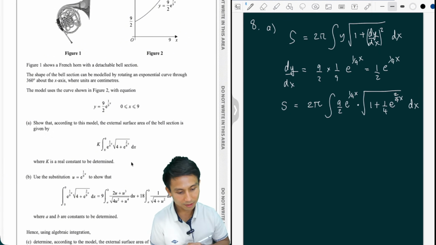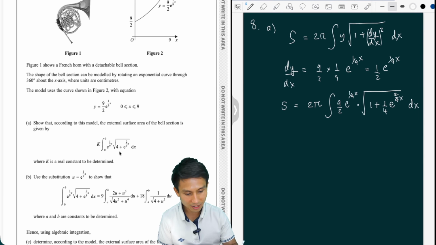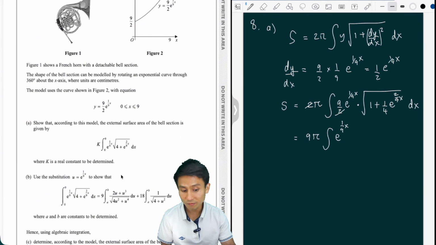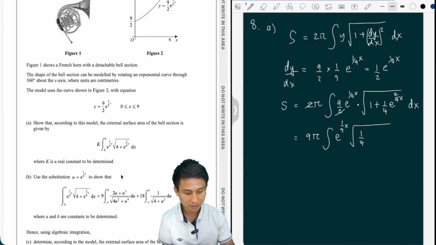So if we simplify that, we should get what they want there. Because they have 4 here in the square root, the 2 can cancel that first. I have 9 pi and then integral e to the 1 over 9x. If I factor 1 over 4 out of that, I get 4 plus e to the 2 over 9x in here.